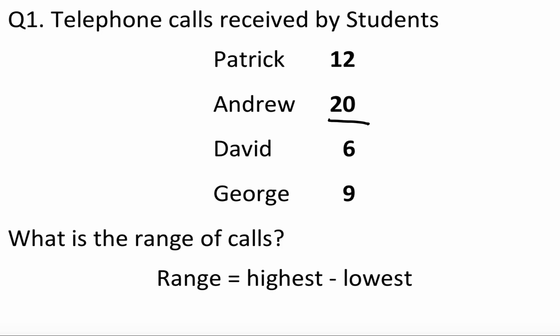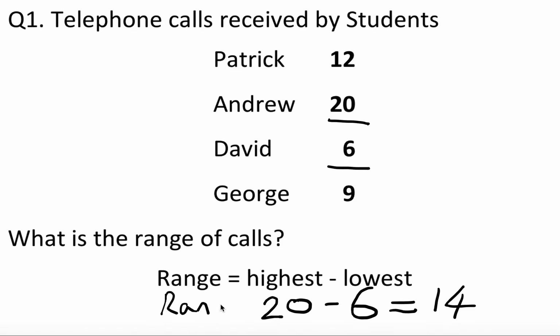So if we put that down here, 20 being the highest, minus the lowest, which will be David. He had 6 calls. So 20 minus 6 is 14. So the range equals 14. Not too difficult. As long as you know what the range is, you'll be able to answer that question.